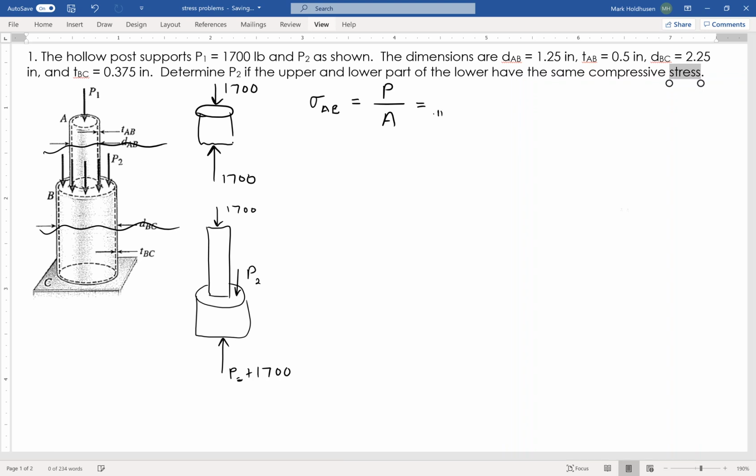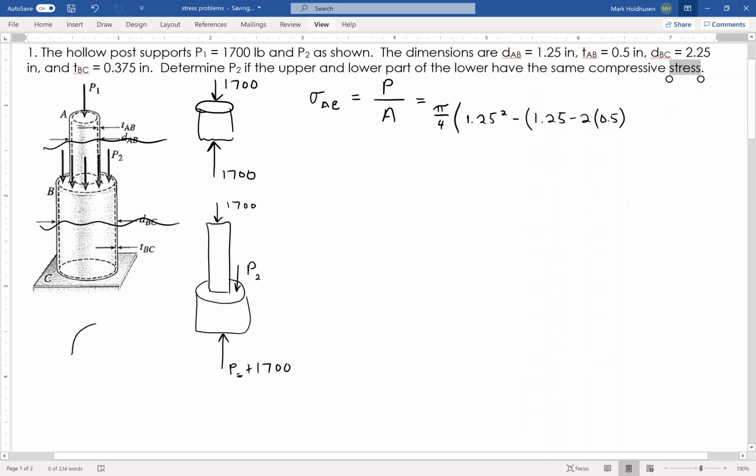So it's pi over 4 times the outer diameter, 1.25, squared, minus the inner diameter. The inner diameter is the outer diameter minus 2 times the thickness, because I've got a thickness on each side going across.